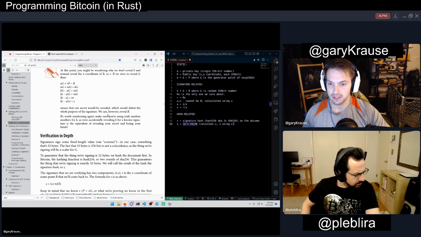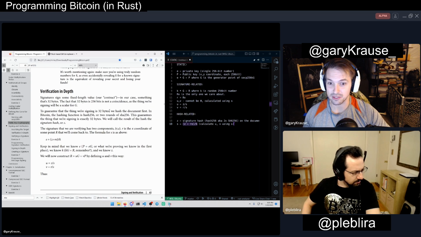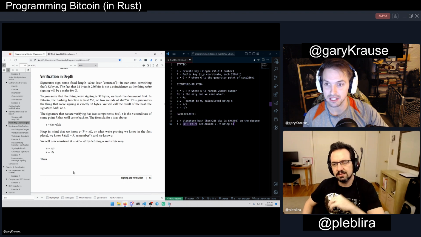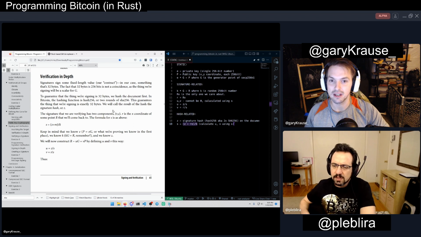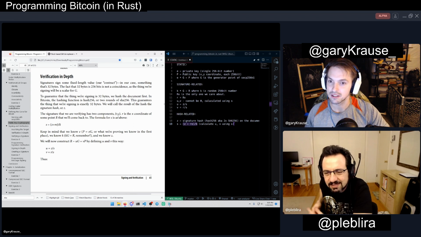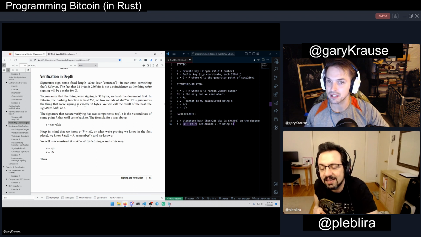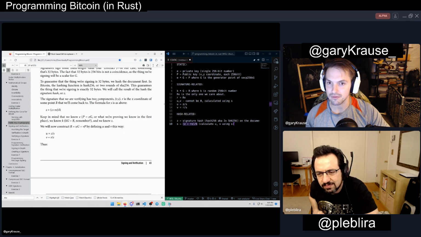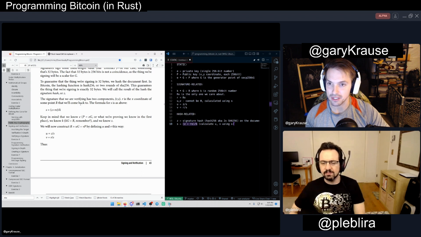All right, and this goes way in depth on it. It talks about the hashing to get to Z, like that it has to hash twice. And so we still have the S formula for getting to it.